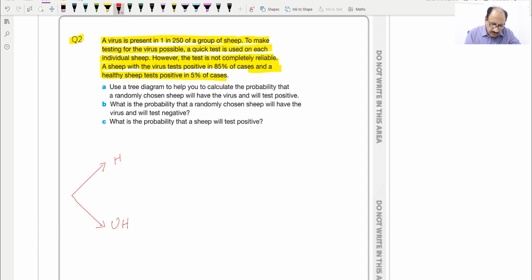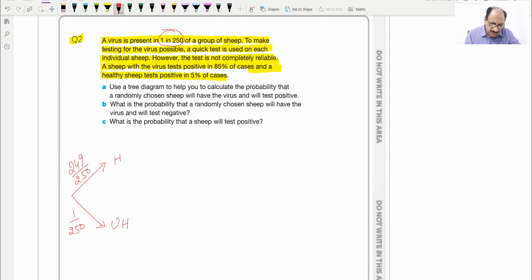They are saying the virus is present in 1 in 250, so we take 1 out of 250 as the case that the virus is present, that is unhealthy, and virus not present will be 249 over 250. This will be the second option.